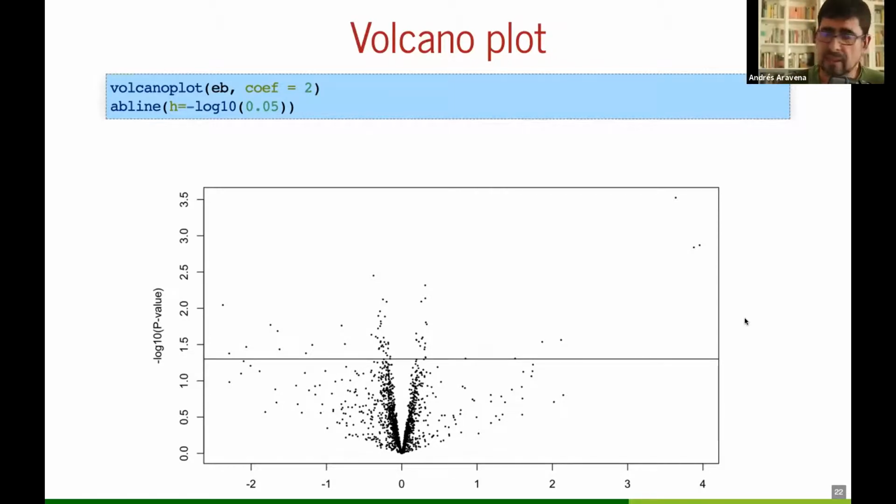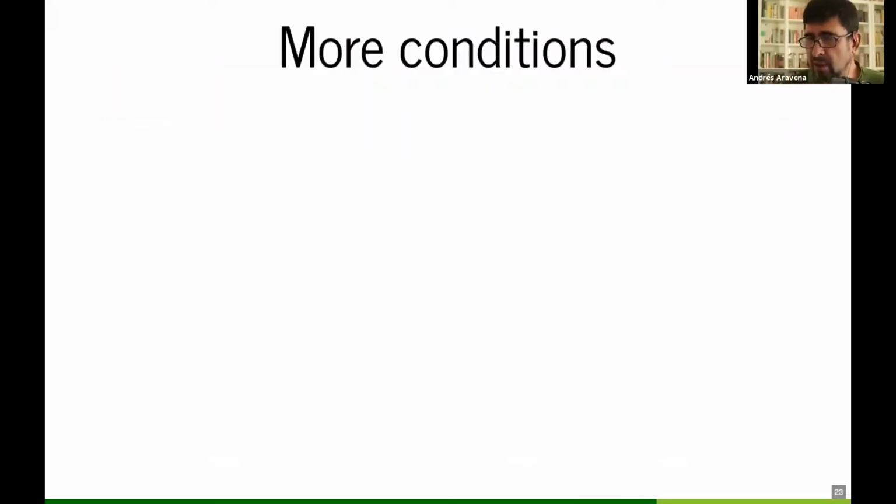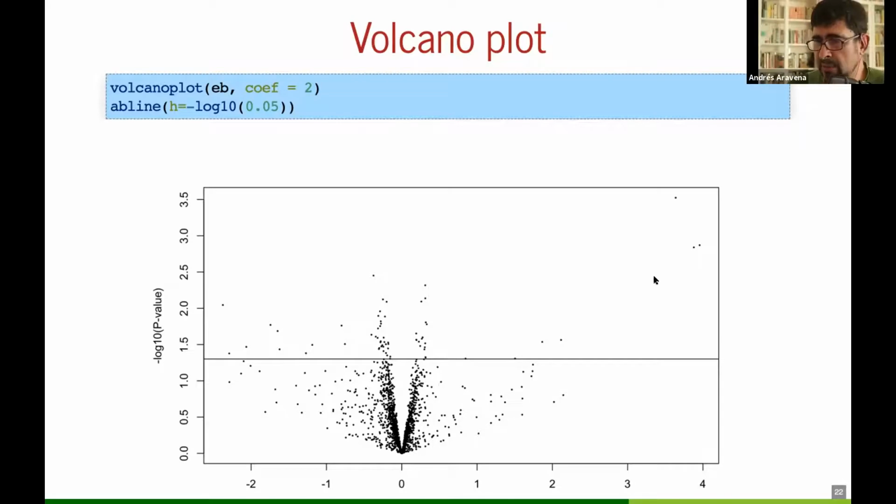Before going to the more conditions, the other thing is, see, these genes here are statistically significant from 0. So with some confidence, we know that this gene is there not for noise, not for randomness, but for a real reason.